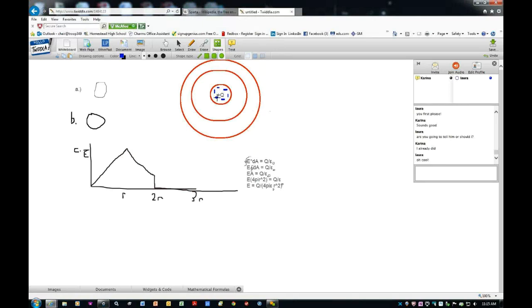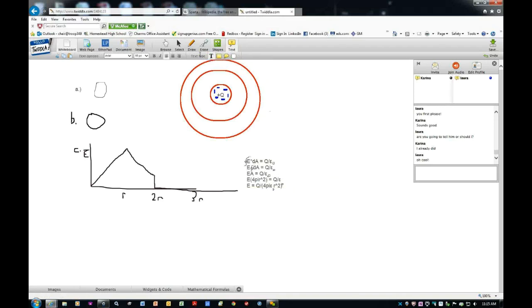Is all that positive Q actually inside my Gaussian surface? No, it's not. So this equation isn't exactly right, because you're going to have to multiply Q by some proportionality of the volume. So we're going to have to change that a little bit.